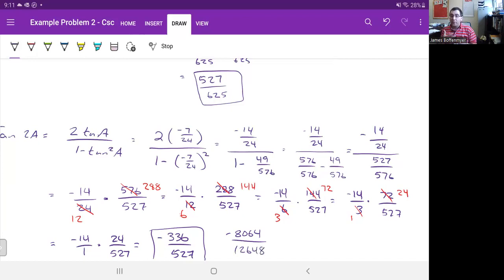Those would have been some big numbers to reduce, and you can keep reducing those and you still end up with the same answer. But we just did it a little differently. I just kept dividing the numbers by 2 and then by 3 until I couldn't do it anymore. That way I can deal with smaller numbers.